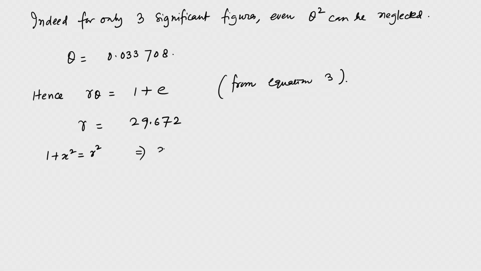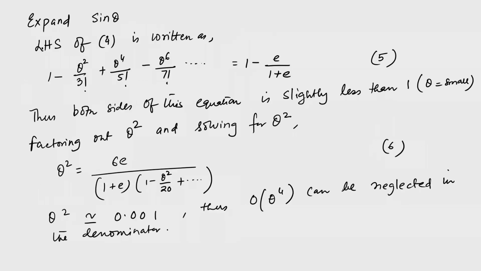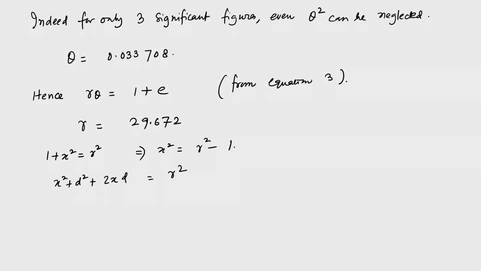So, how we can get this is that we have 1 plus x square equal to r square. So, that gives x square equal to r square minus 1, and we have x square plus d square plus 2xd, which is x plus d whole square, equal to r square, that is there in equation 1. If you use this and put x square equal to r square minus 1, we have r square minus 1 plus d square plus 2 into r square minus 1 into d equal to r square.